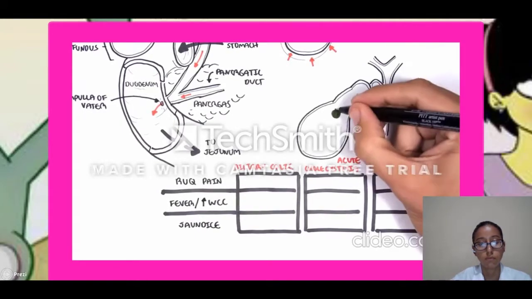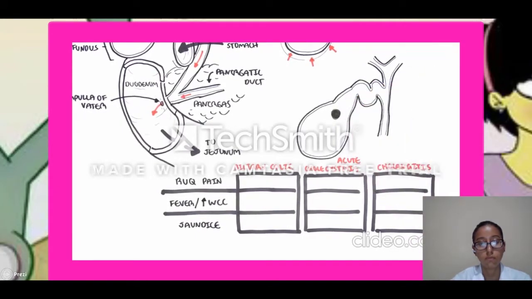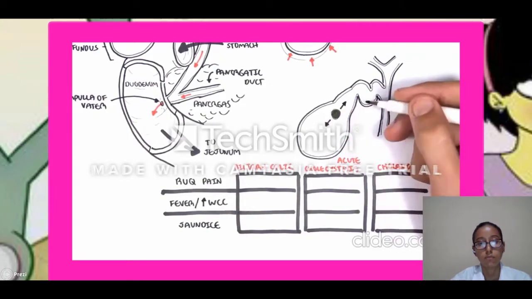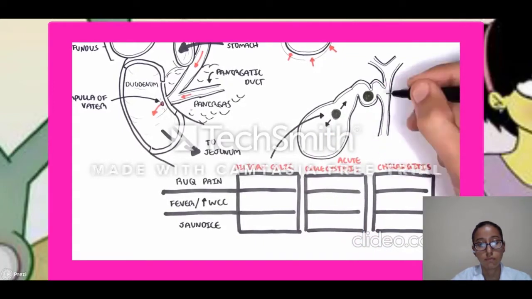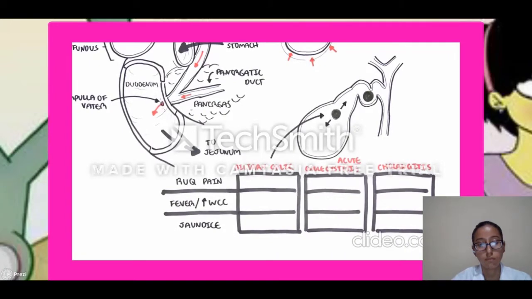So what are actually these conditions? Well, biliary colic is where there is only temporary obstruction of the gallstone at the neck of the gallbladder, so it can go in and out. Acute cholecystitis, as we mentioned, is the gallstone stuck at the cystic duct causing inflammation of the gallbladder.